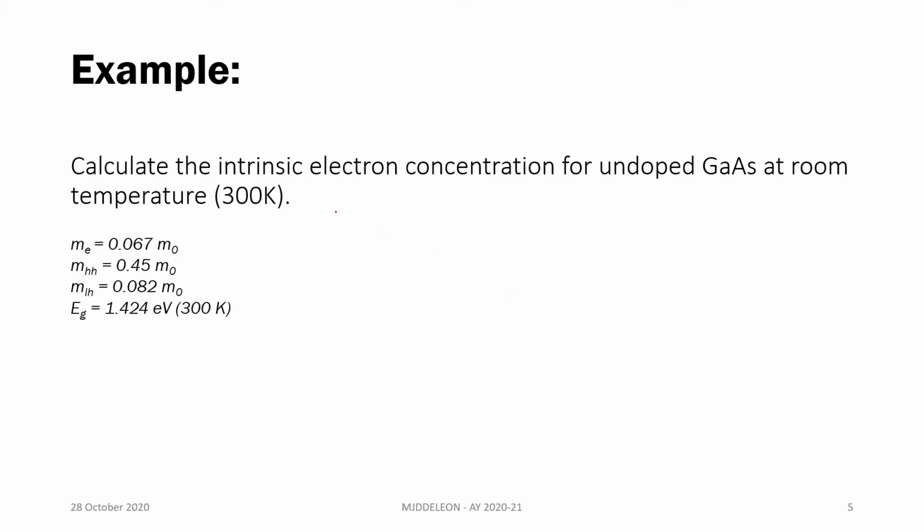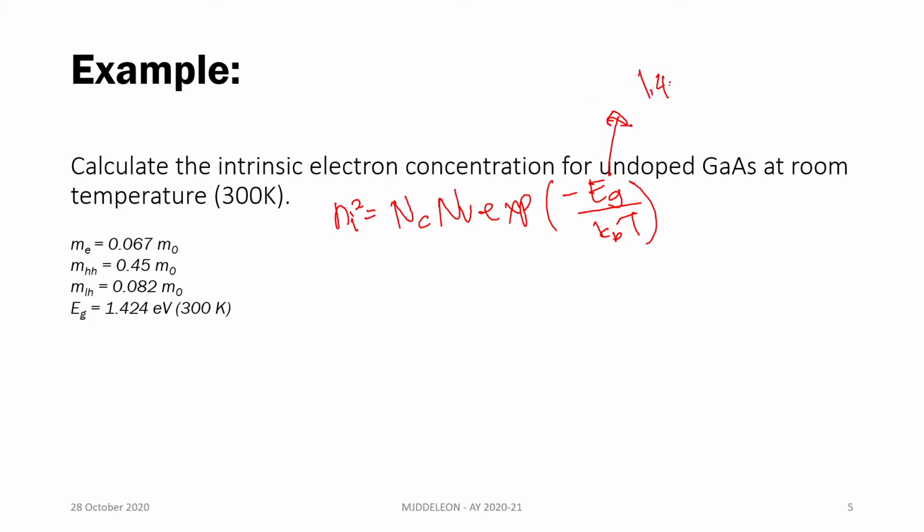So we know that the intrinsic carrier concentration ni squared is equal to Nc Nv exponential of negative Eg over kBT. We already have a value for Eg, 1.424 electron volts.